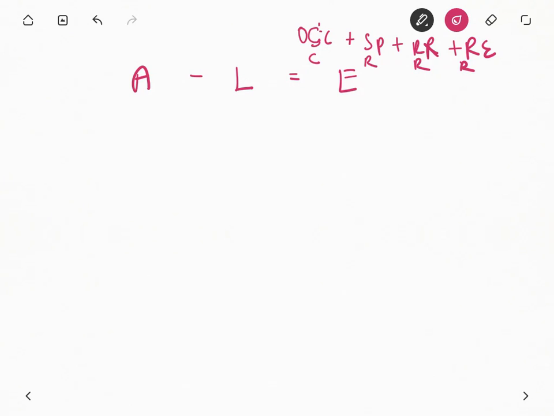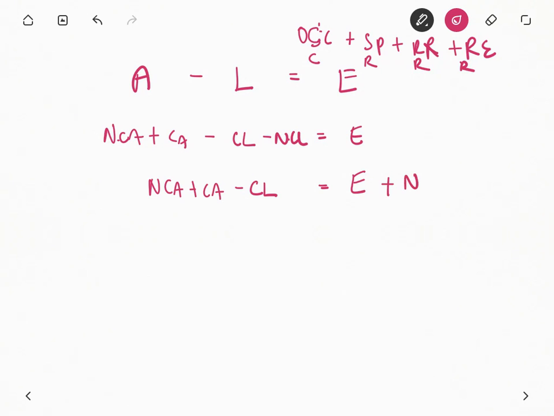So, can I do this? Non-current asset plus current asset, less current liability and minus non-current liability, gives my equity. Can I transfer my non-current liability to this side? Non-current asset plus current asset minus current liability is my equity, which is capital plus reserves plus non-current liability. So NCA plus CA is my total asset, minus current liability, which is actually my equity plus my debt.